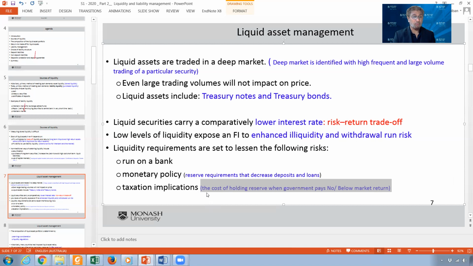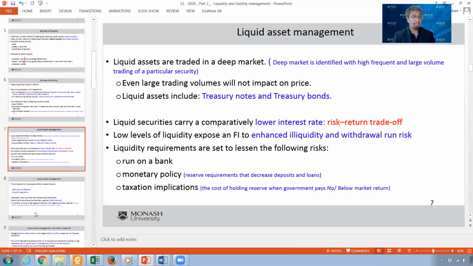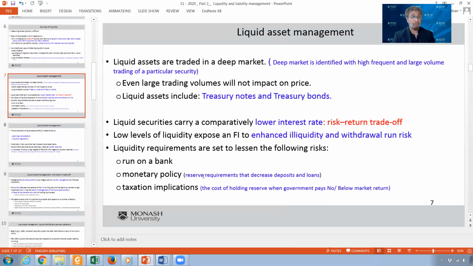So it's actually a type of taxation, an indirect taxation. So this liquid asset requirement depends on those things. If you have less reserves, of course, you will have more liquid assets because you will avoid money kept as reserves at the central banks, and you will avoid this taxation problem.